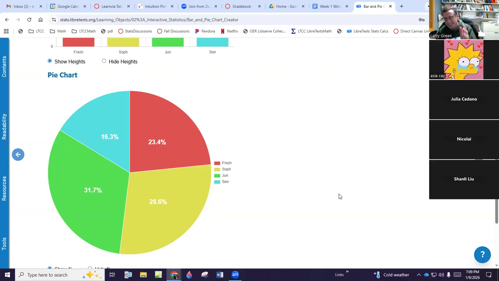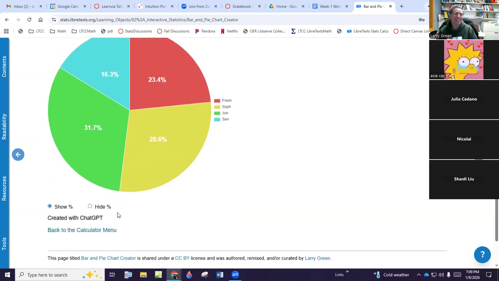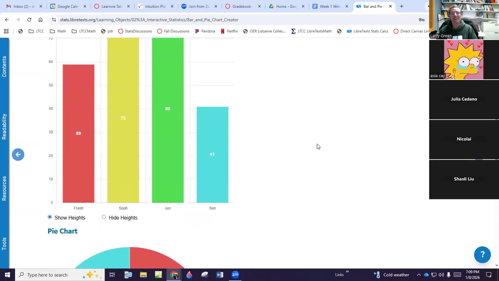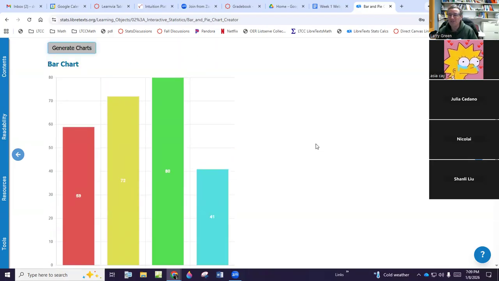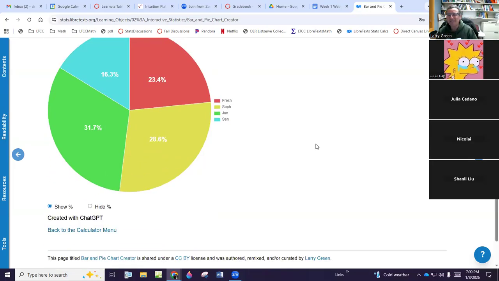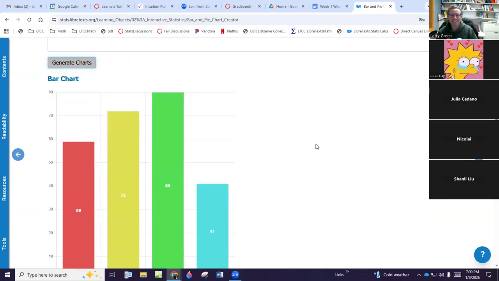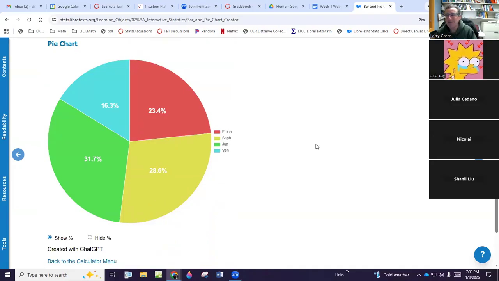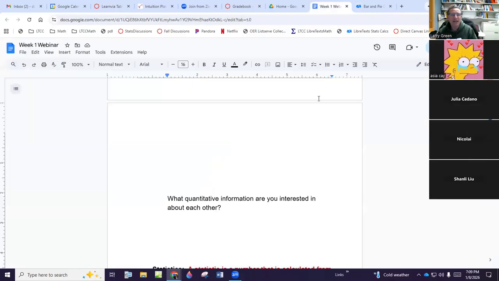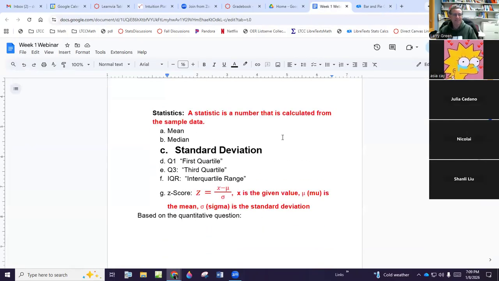And I did some extra prompts and ChatGPT made this beautiful thing. Isn't that cool? We're in a new world. So all the rest of it I coded myself. This one I let ChatGPT do for me. Any questions on the pie and bar chart? Kind of fun?